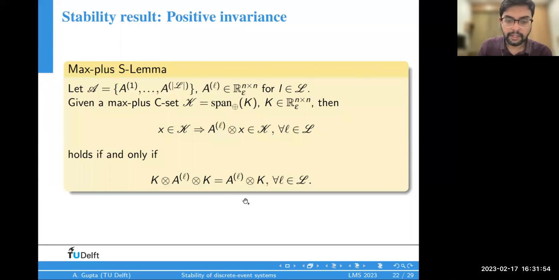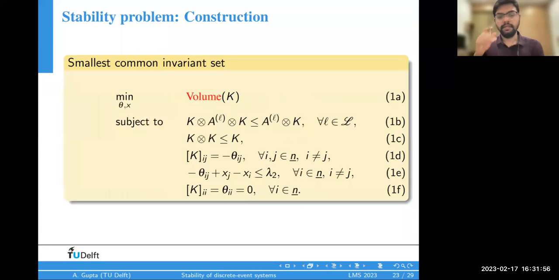I can minimize, let's say, some feature of this matrix K, so that the particular inequality is satisfied as an equality in the end. I can write this program as a mixed integer linear program.